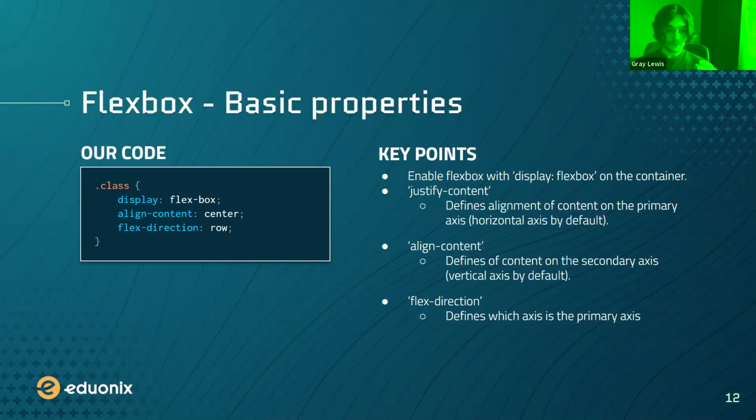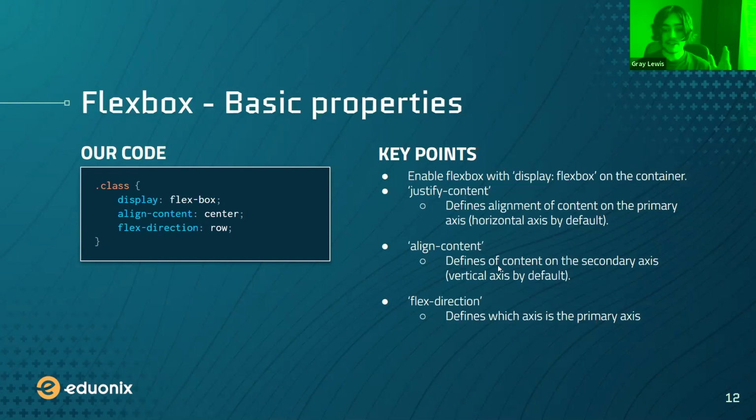And so then we have these two properties to tell the Flexbox how to align the children of this Flexbox along those primary and secondary axes. So justify content is going to tell the Flexbox how to align content on that primary axis. Here in this example I've written, we have the primary axis being horizontal because the flex direction that we've set is row.